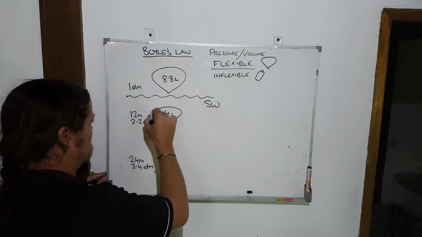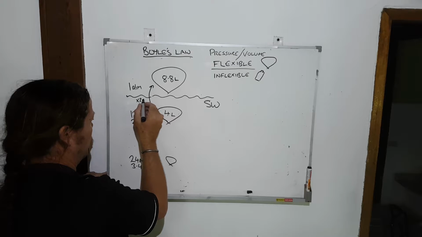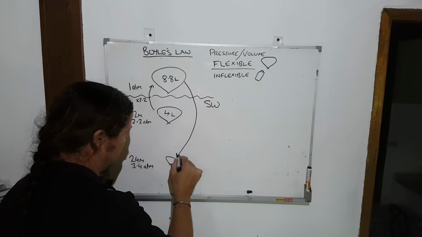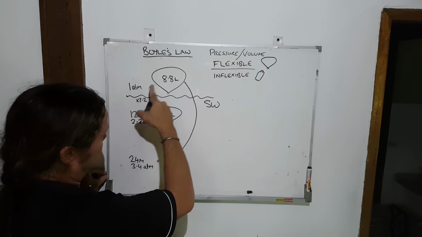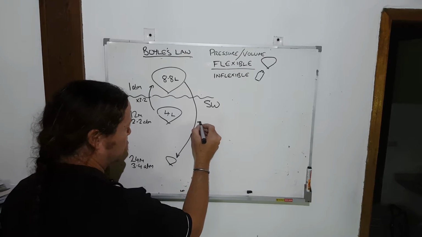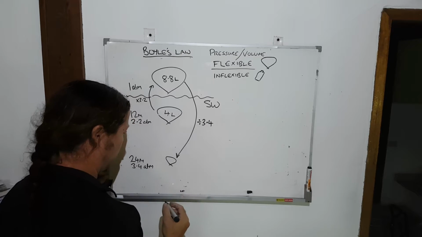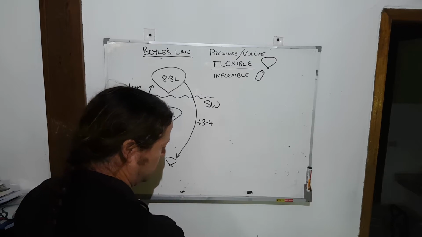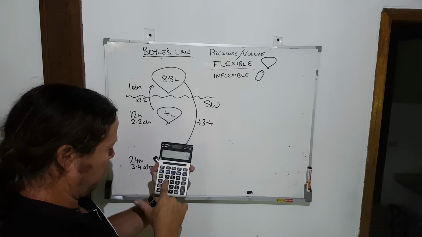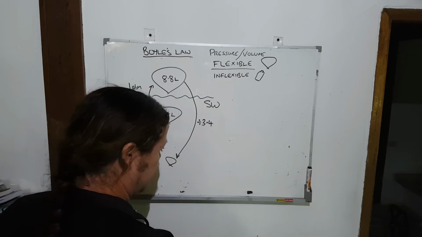Okay, so there it goes going up. So I'm going to put times 2.2. Now I'm going to take it down to here, and it's going to get smaller. How much smaller? 3.4. To get smaller, you must divide by that 3.4. So I've got my 8.8 divided by 3.4, and that says 2.588.